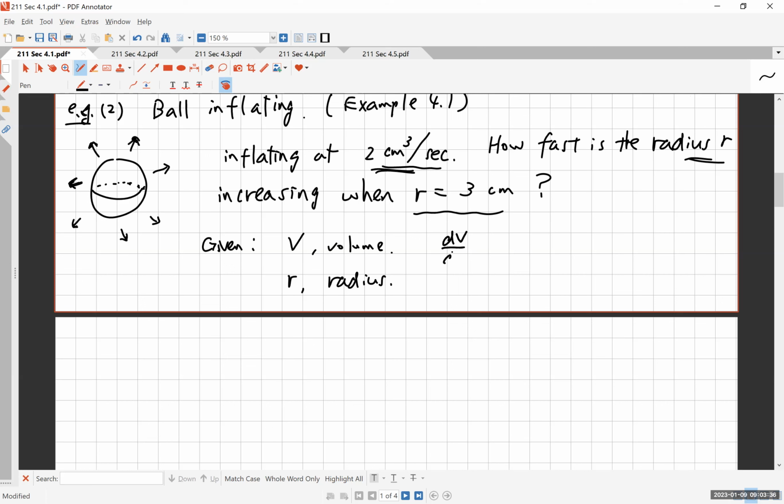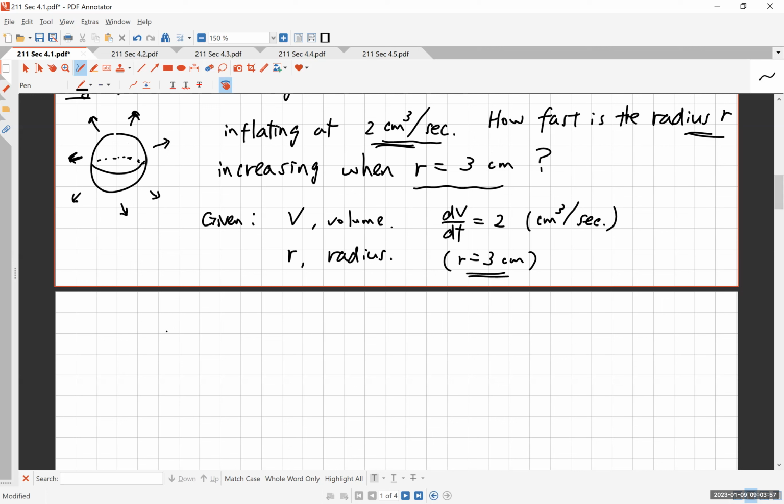What we are given is that dV/dt is 2 cubic centimeters per second. And of course r is 3, but again, this is something that you will plug in only after you differentiate an equation. What equation are we talking about? Do you know the equation that relates the volume with the radius of the sphere?